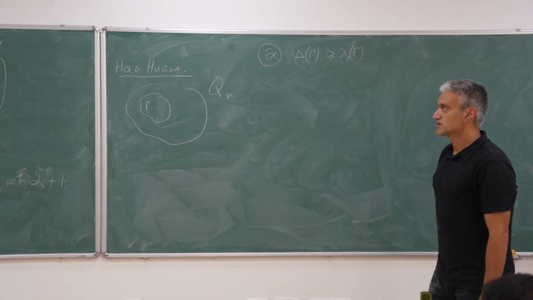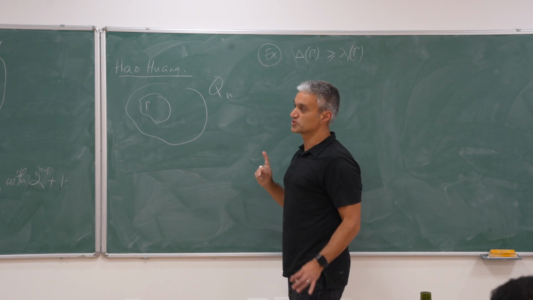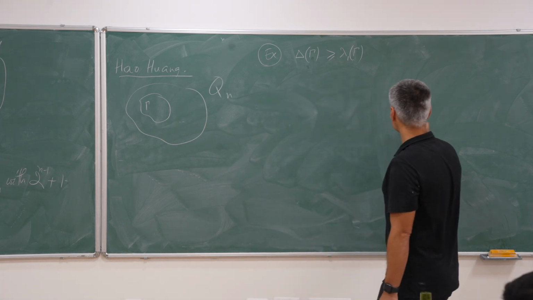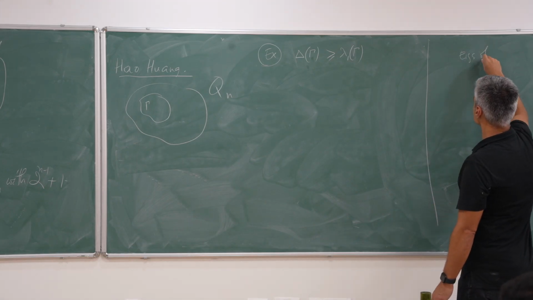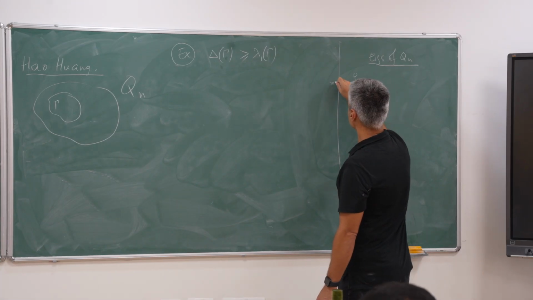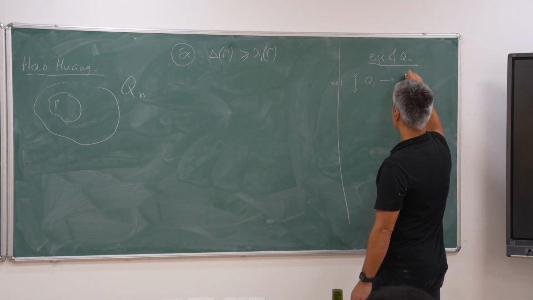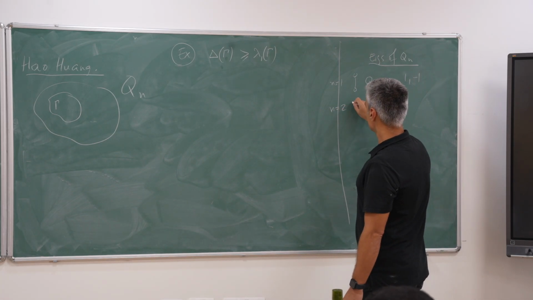Now you could try to do this, but the problem is the eigenvalues of the cube, which we haven't discussed, but I'll talk about them in a little bit. So let's do something aside here: eigenvalues of Qn. Okay, n equals 1, this is Q1: 1, minus 1. n equals 2.